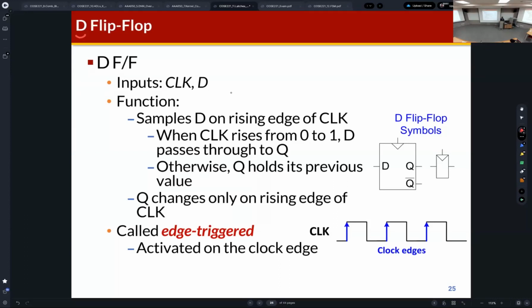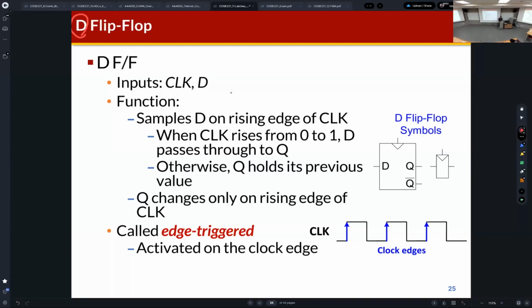You can notice the name of the D flip-flop is similar to the D latch. The behavior is very similar, but it's also different.